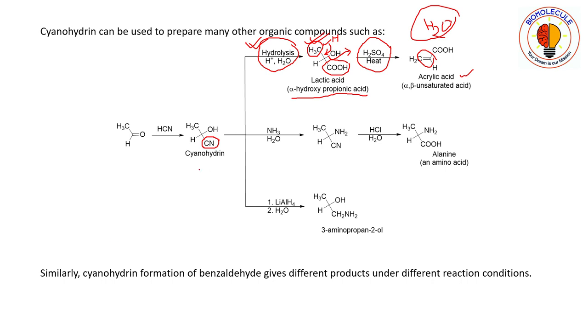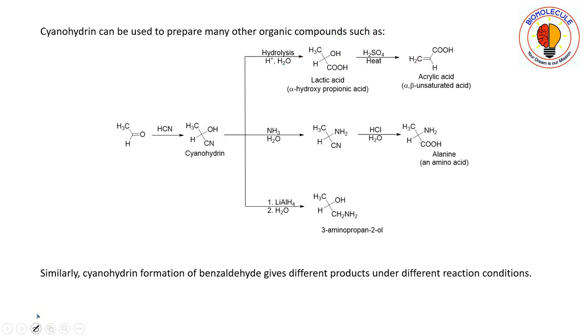now if we treat this cyanohydrin molecule with ammonia, then it will exchange with the hydroxy group. Okay, if we see here, this ammonia molecule will exchange with the hydroxy group.